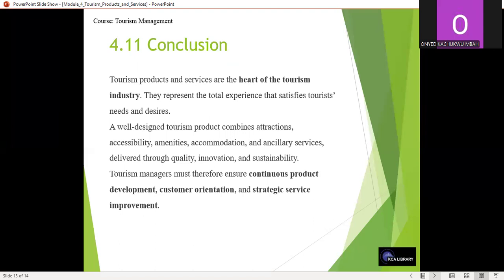A well-designed tourism product combines attractions, accessibility, amenities, accommodation, and ancillary services delivered through quality, innovation, and sustainability. Tourism managers must therefore ensure continuous product development, customer orientation, and strategic service improvement.